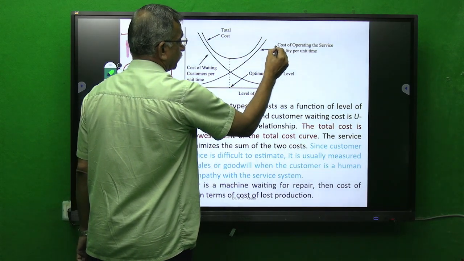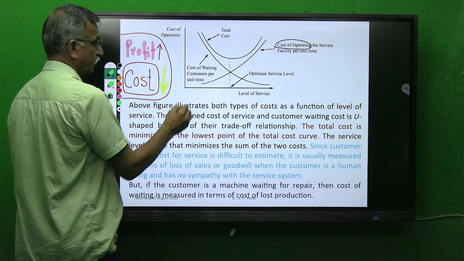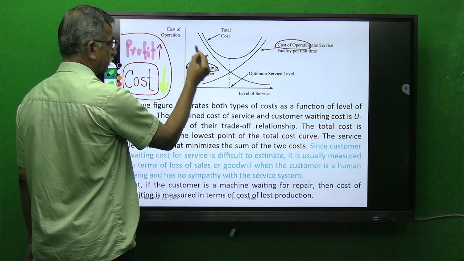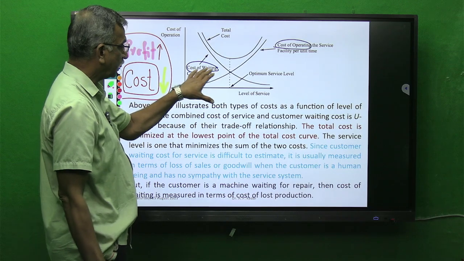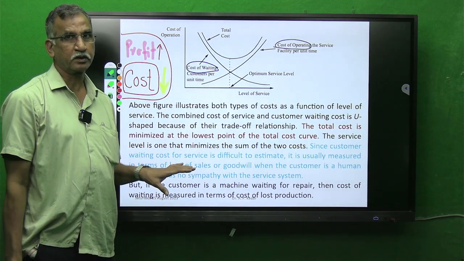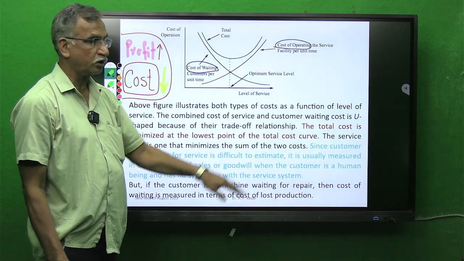One is the cost of operating the service, the other is the cost of waiting of the customer. Both are costs. We, as decision makers, are not interested in either alone.